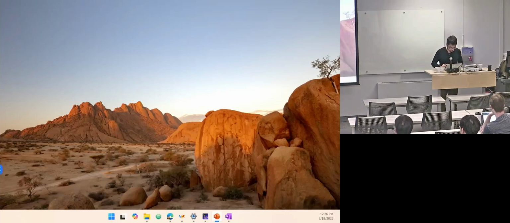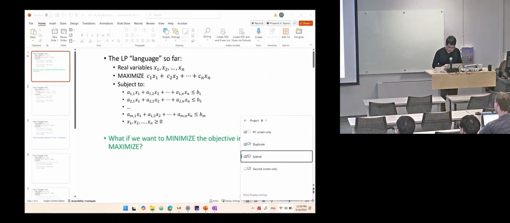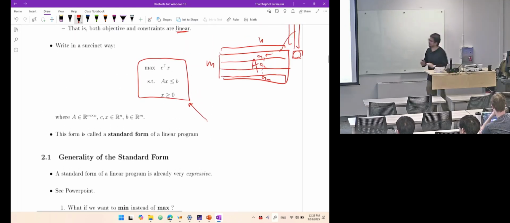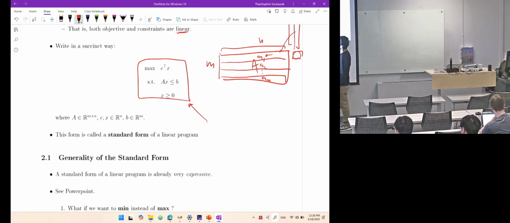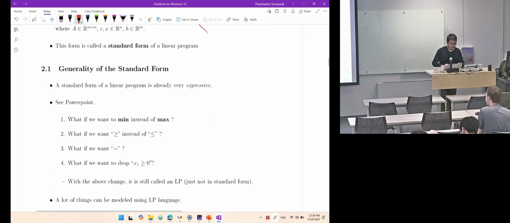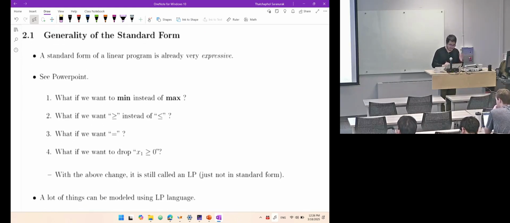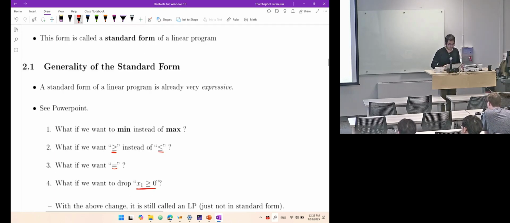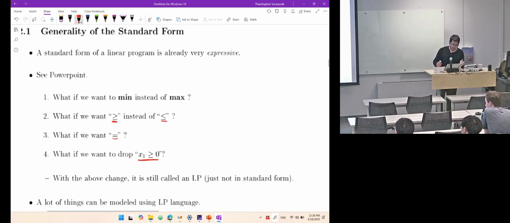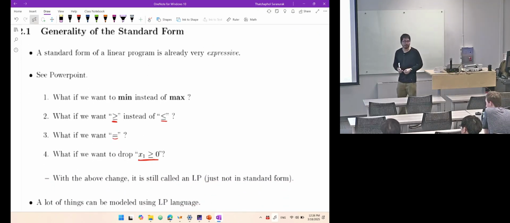So the point is that we can just focus on the standard form because it's quite general. As long as your constraint and the objective are linear, even if your constraint is at most or at least or equality, or you want to drop some of the xi at least 0 here, you can still capture it with the standard form.